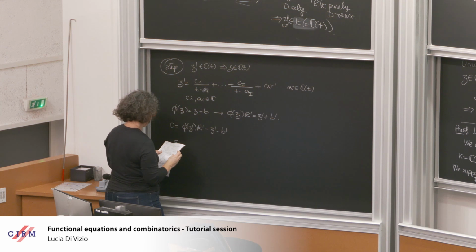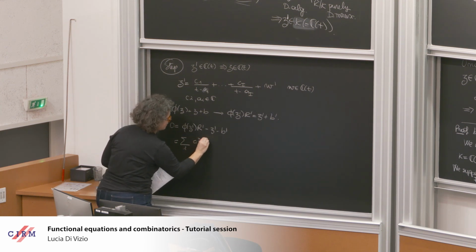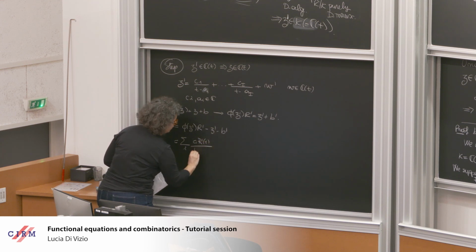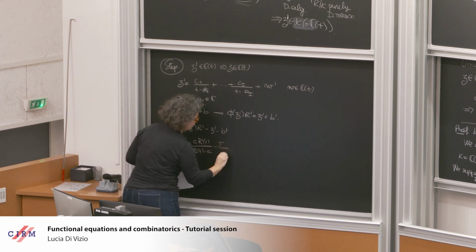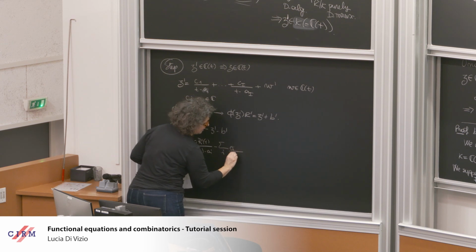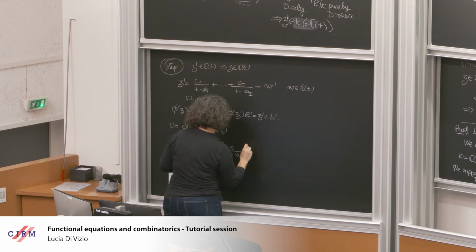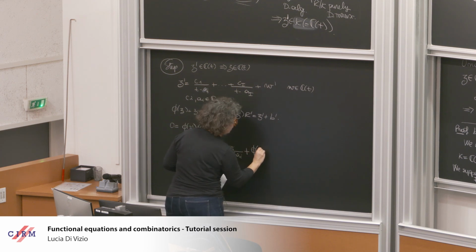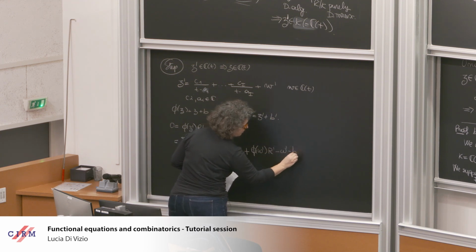And we obtain that we have c_i times r prime of t over r of t minus a of t, minus c_i times a_i, plus phi omega prime minus omega prime minus b prime.